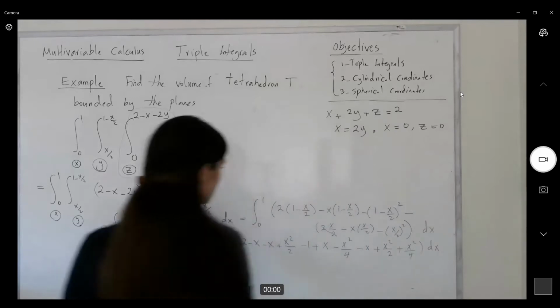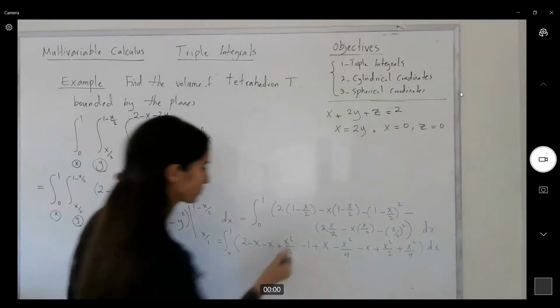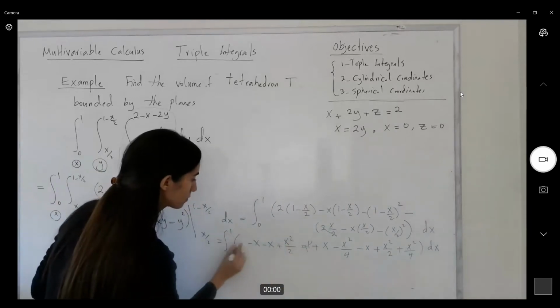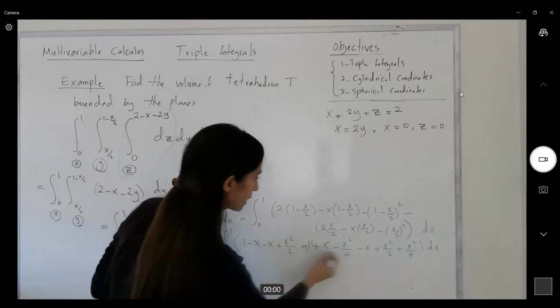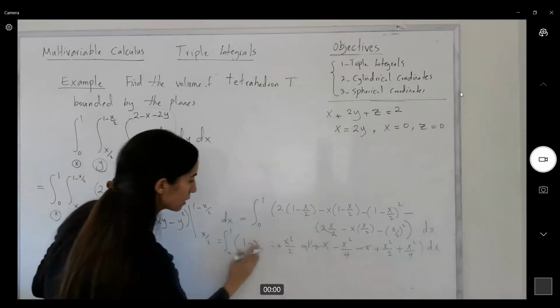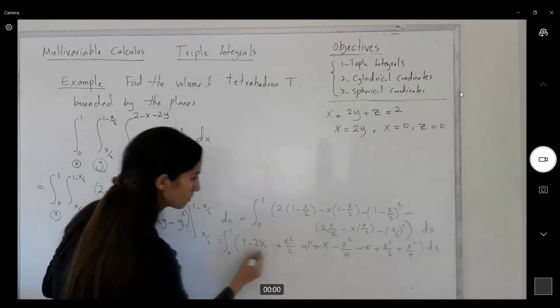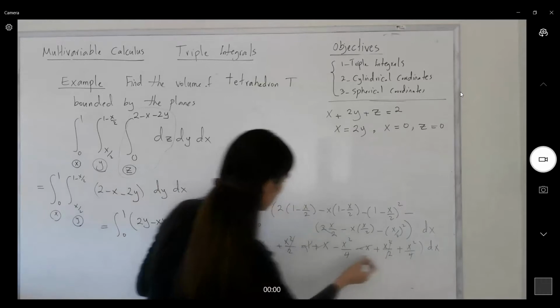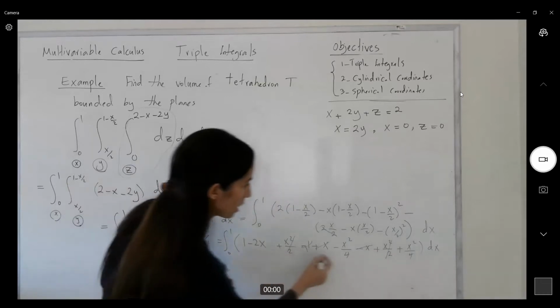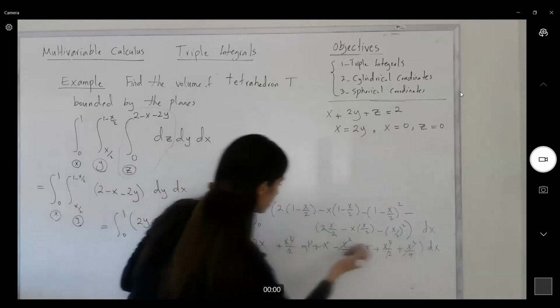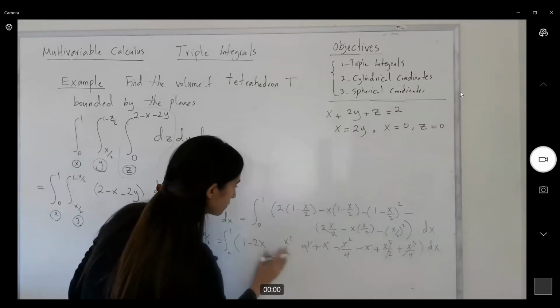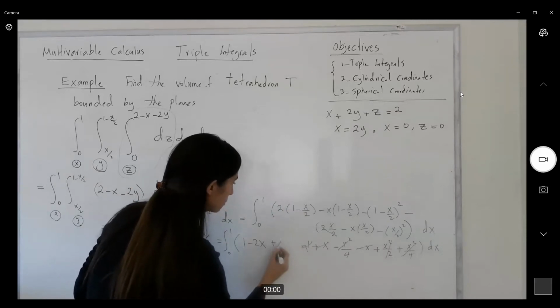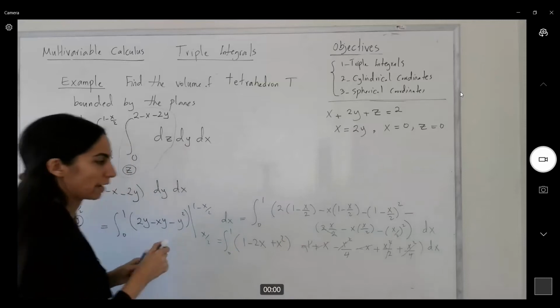Let us simplify this. We get 2 minus 1, which is 1. Then I have plus x minus x, and I get minus 2x. x squared plus x squared, I get 1x squared. And here I can cancel out these two, so I get plus x squared, and dx.